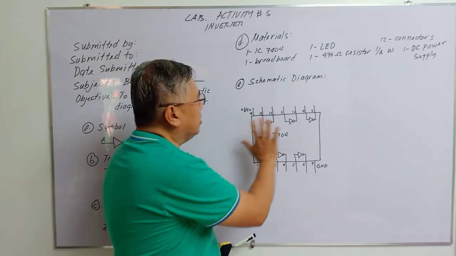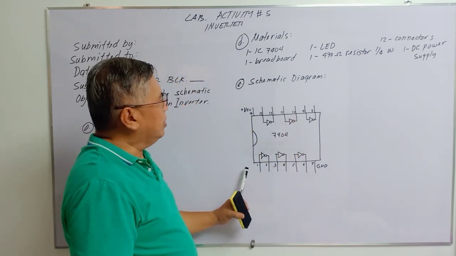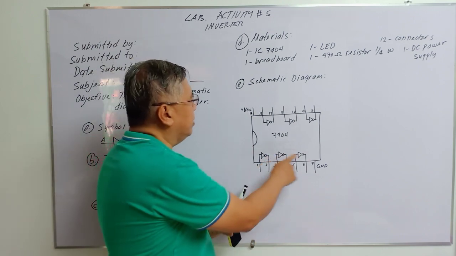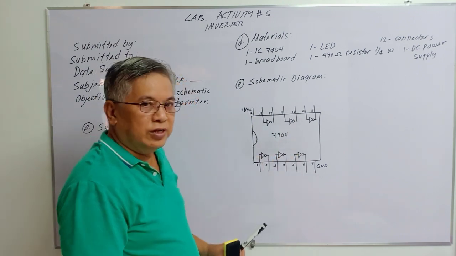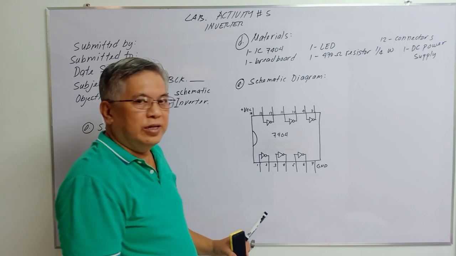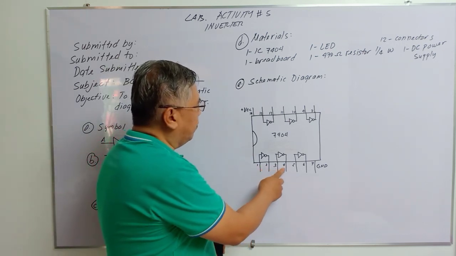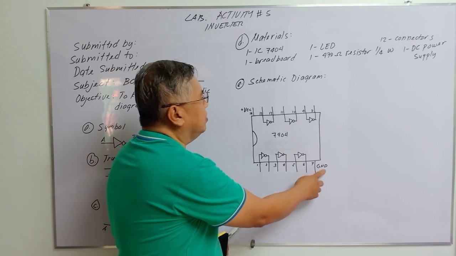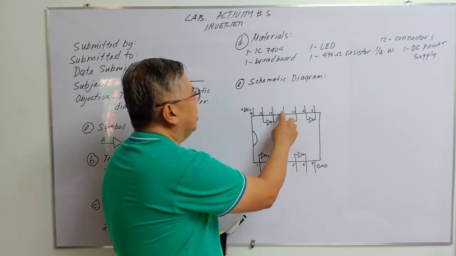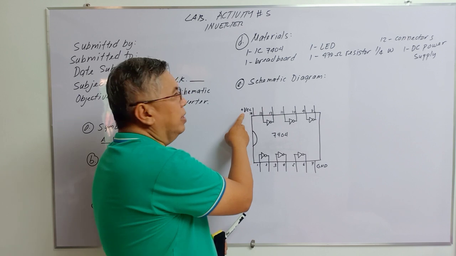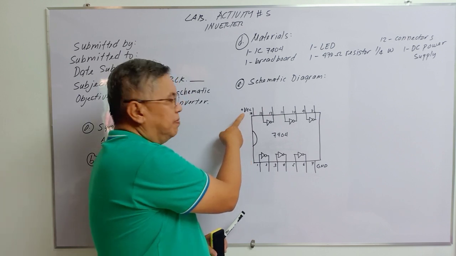In this particular integrated circuit, we have here 6 inverters in one integrated circuit. Now, we have here pin number 1, 2, 3, 4, 5, 6, 7, then ground, 8, 9, 10, 11, 12, 13, then you have the positive VCC.